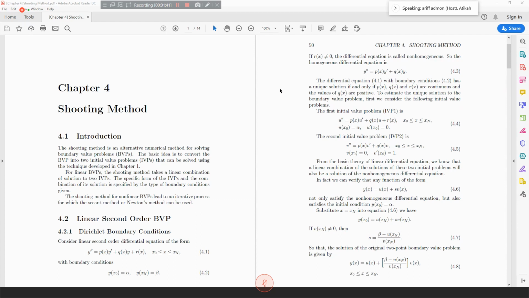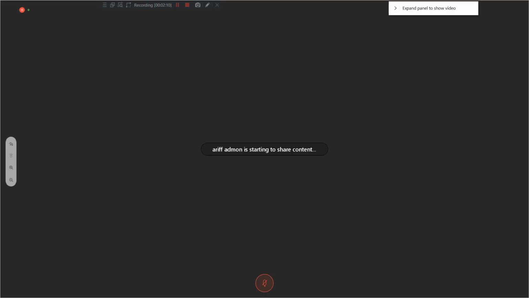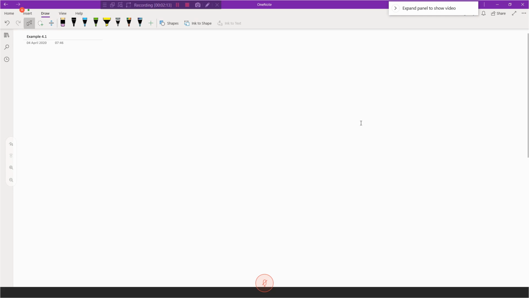Before I move to today's content, yesterday we finished our chapter number 3 on finite difference method. Just to recall, chapter number 3, finite difference method.